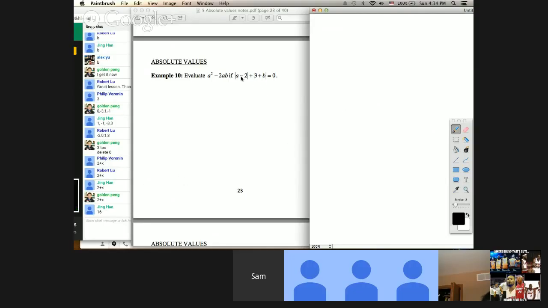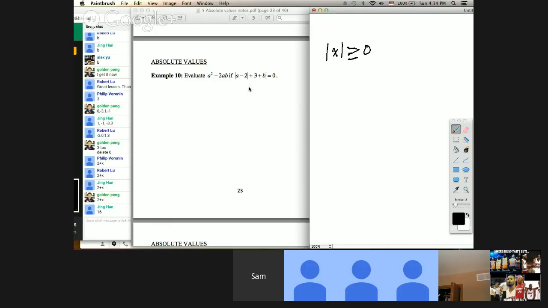Okay, so it's the absolute value of something plus the absolute value of something is going to equal 0. We know that the absolute value of anything is going to be greater than or equal to 0.